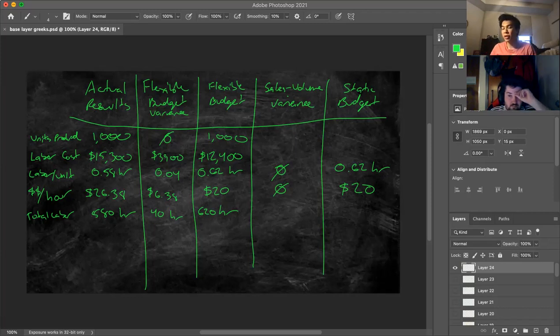The reason is that in this question, they're asking us for the flexible budget cost, the flexible budget variance, the labor rate variance, and the labor efficiency variance. They don't ask us for the total variance or the selling price variance, which is where you need a static budget. Everything else, you can just do with the flexible budget and actual results.